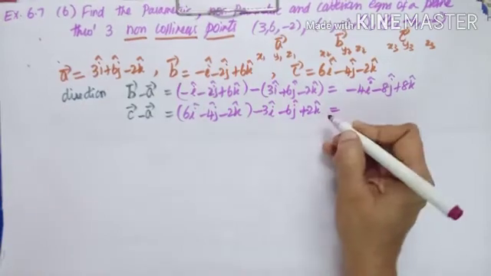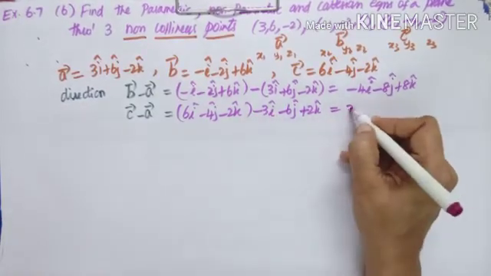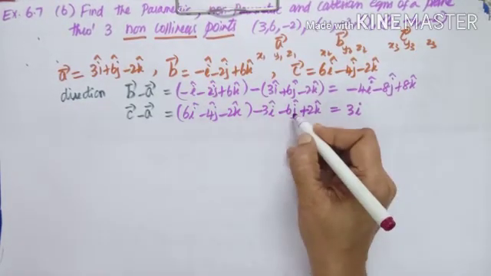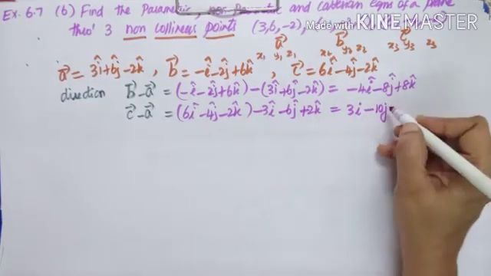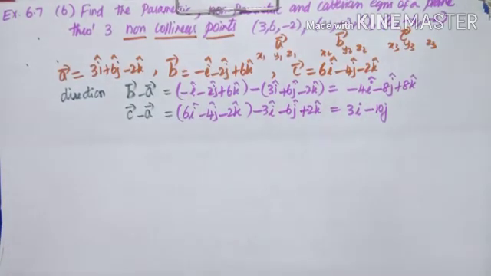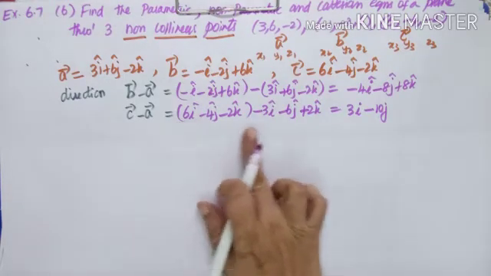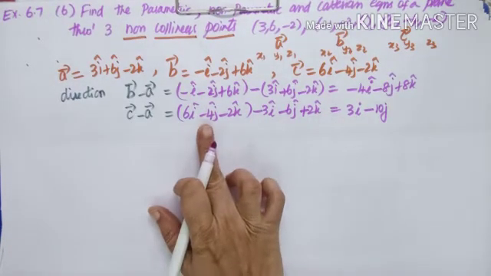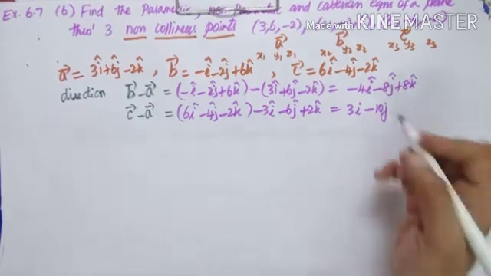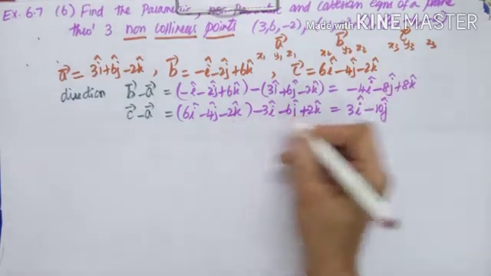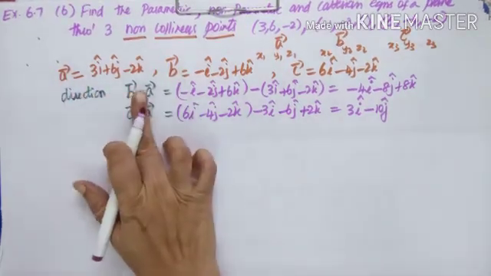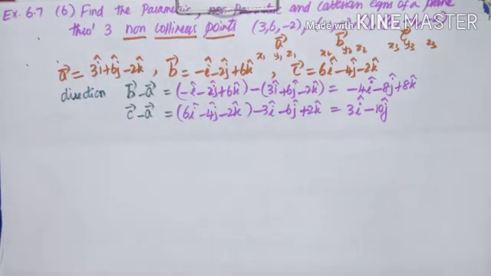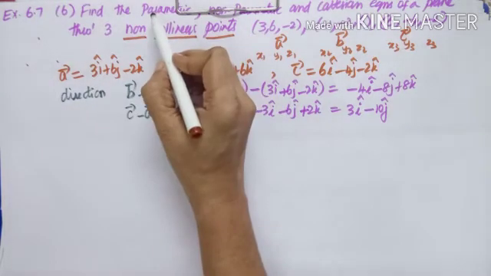This will be easy for me to do. 6i minus 3i is 3i, minus 4j minus 6j is minus 10j, minus 2k plus 2k will be 0k. So we have 3i, minus 10j. K gets cancelled.